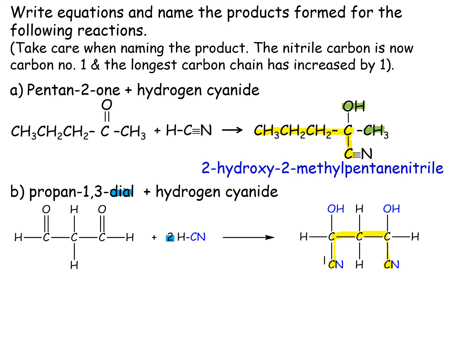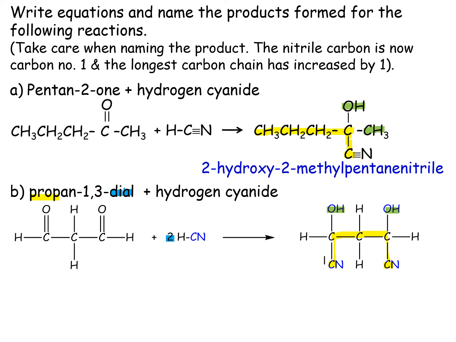So we've gone from prop to pent. So we've certainly increased the carbon chain length here. So each aldehyde group has allowed us to extend that chain length by 1. So we've now got 5. Now, if those OHs weren't there, that would be a dinitrile. So it would be pentanedinitrile. But they are there, so we need to account for them.